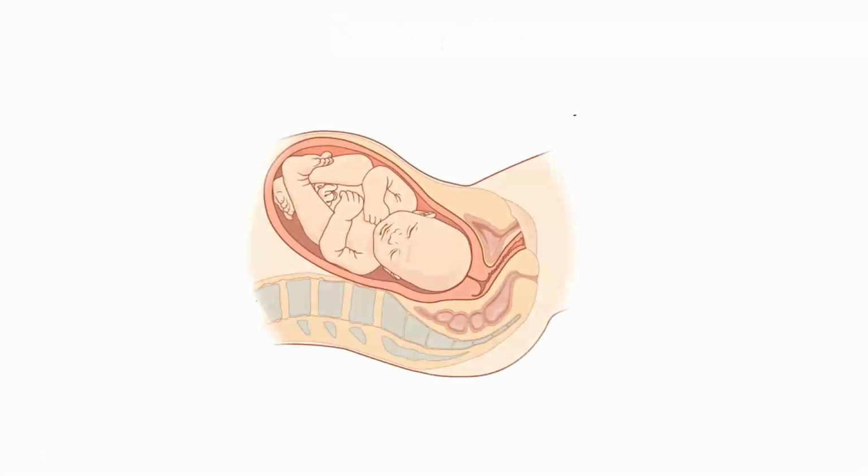Okay, the last thing then, if that wasn't all enough, there is the final chapter here in the story of the developing baby, and that is parturition. This is childbirth. Childbirth has got a couple phases to it.